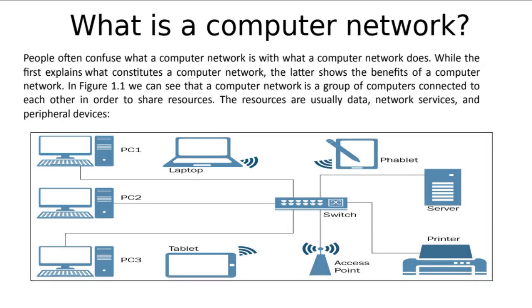First, let us just think about what is a computer network. People think about a computer network in the sense of what the network is doing, which explains the benefit for us.